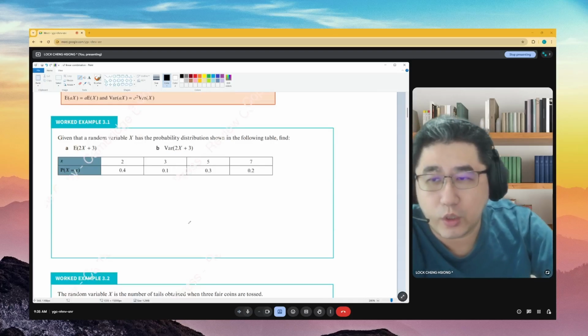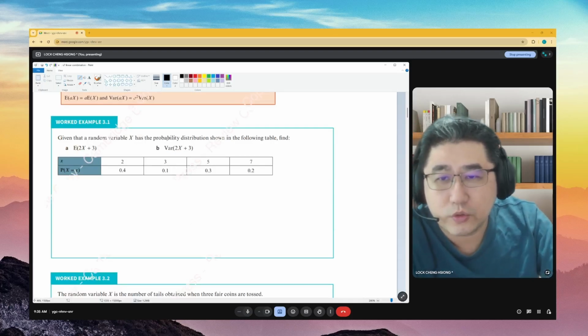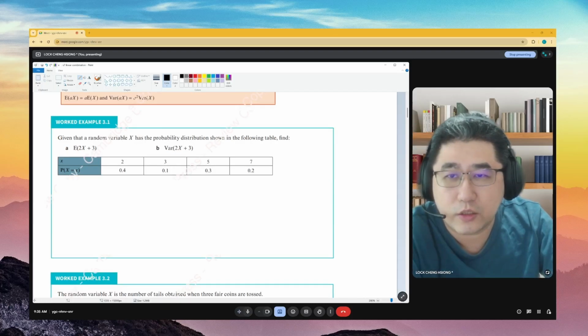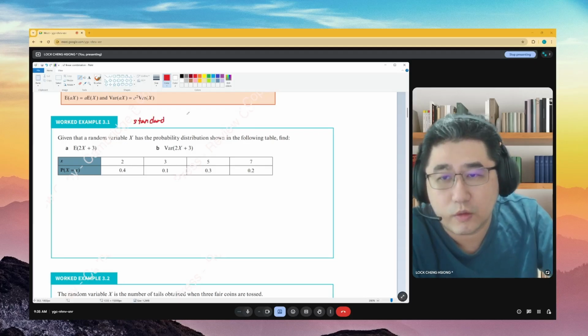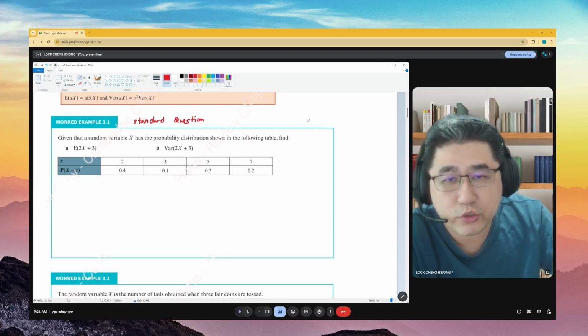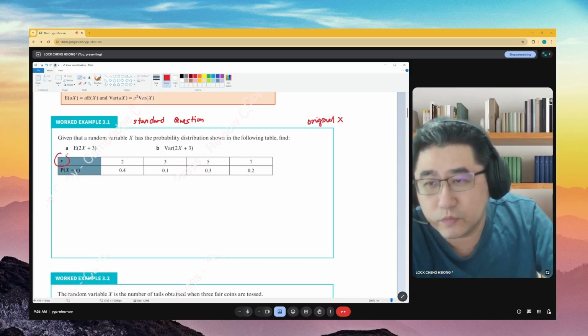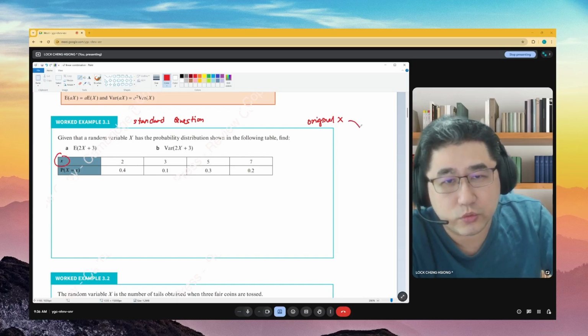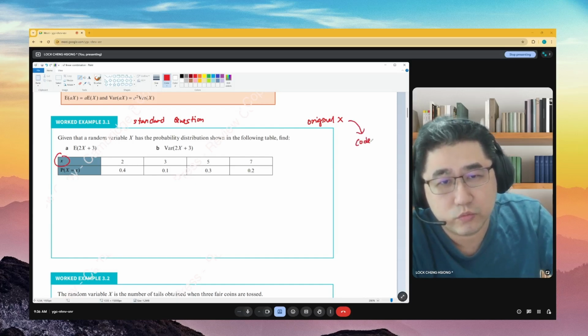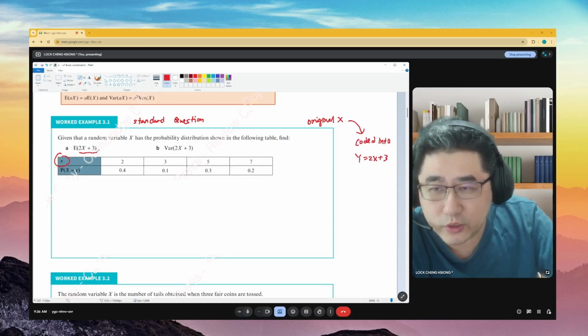Example 3.1. So this is considered a standard question. You have your original distribution x, which is here. This original x is being coded into y equals 2x plus 3, which is 2x plus 3 here.